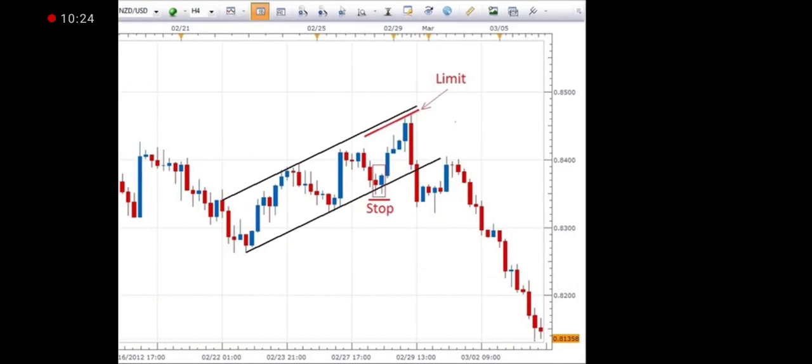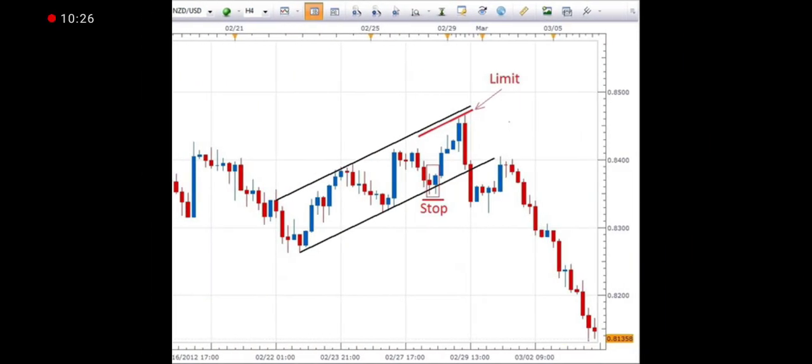Now moving to what we have next. This is also a flag pattern, but in this case, this is a bearish flag pattern. The market was trending to the down path. All of a sudden, the market started correcting itself, and I told you that the flag is just more like a continuation pattern.